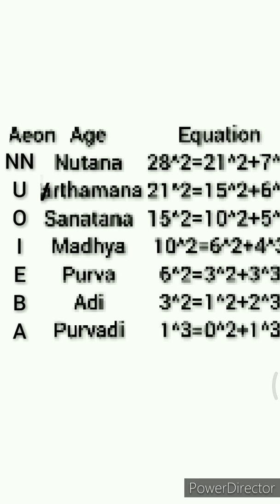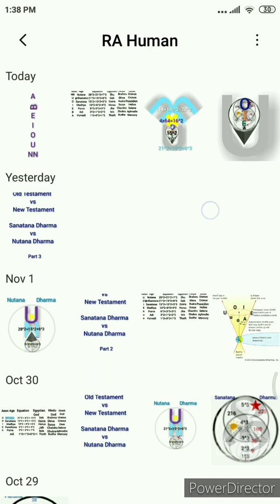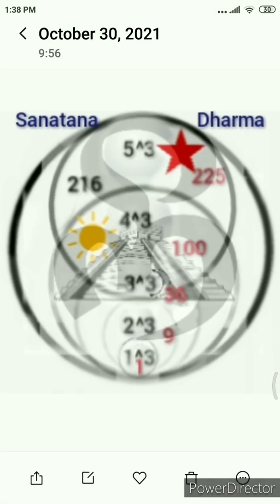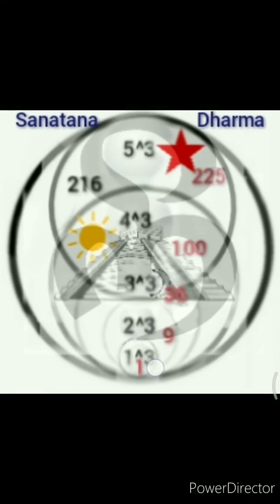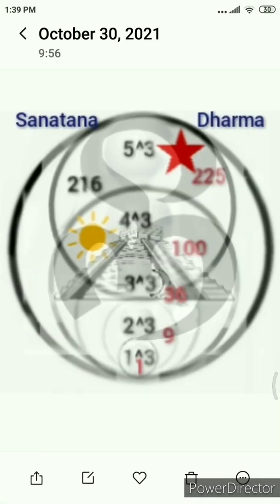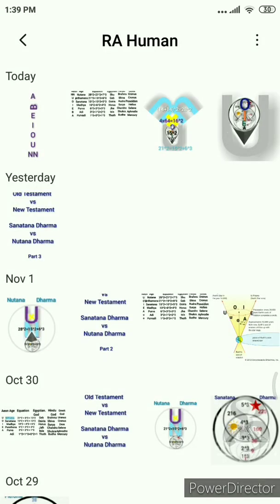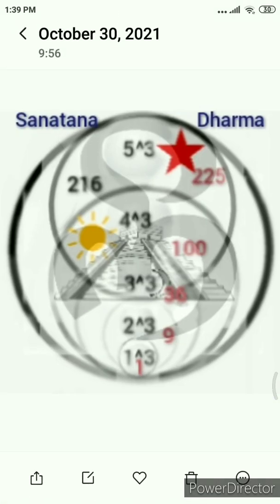So when 15 squared is completely formed, from 1 cube to 5 cube, they are included in 15 squared. Then 15 squared cannot control 14 squared. 14 squared alone would be apart.